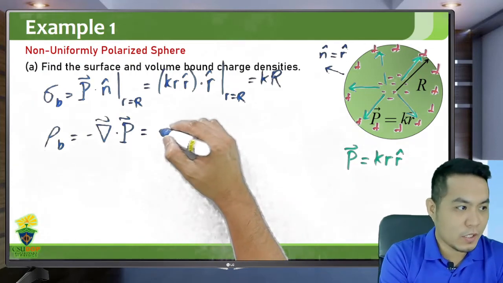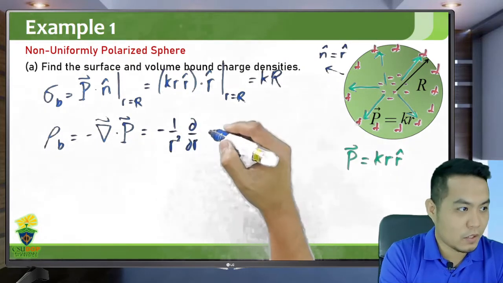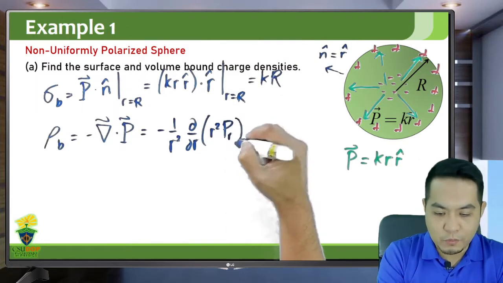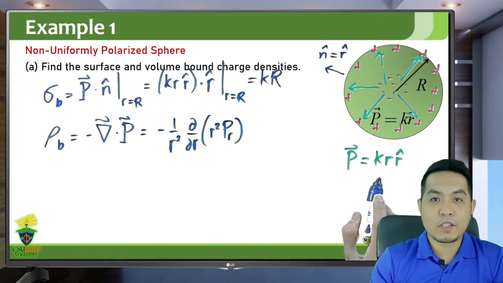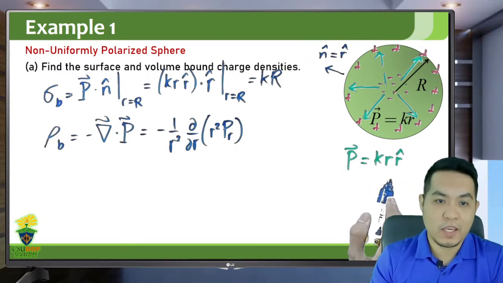So this is just equal to negative 1 over r squared, partial with respect to r, of r squared times the r component, which is just k times r. So our polarization only has an r component. It doesn't have a theta or a phi component.